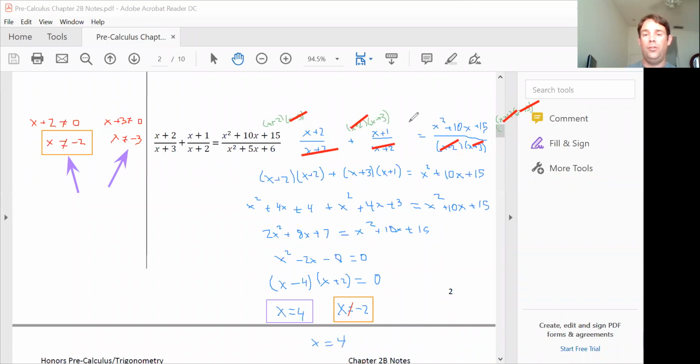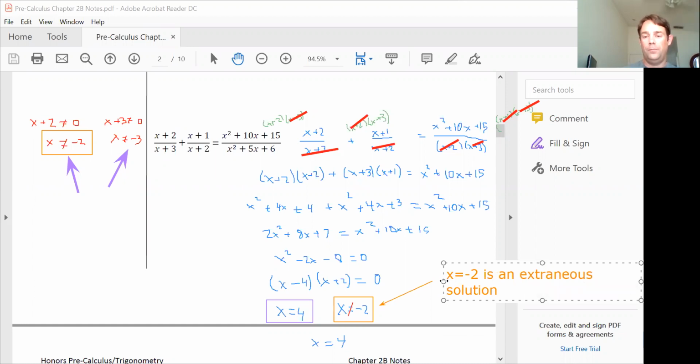So that means that this one right here, we'd say that that is an extraneous solution. x equals -2 is an extraneous solution.